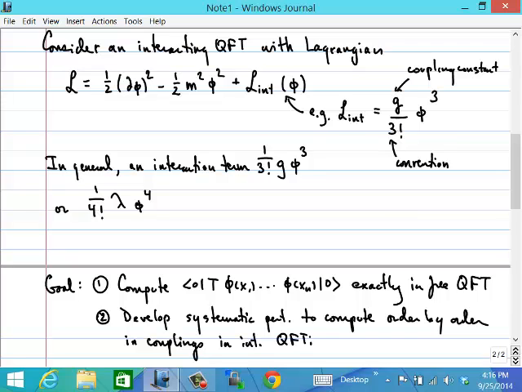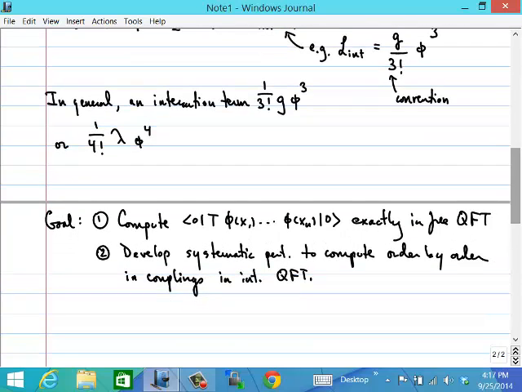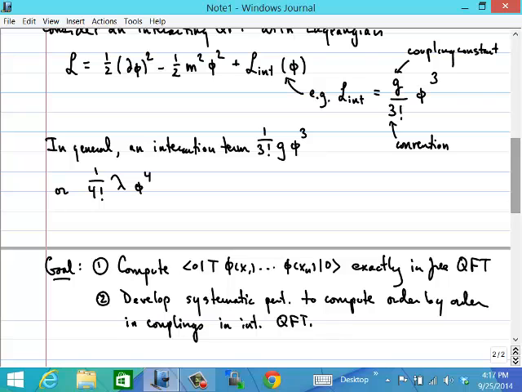So for example, if g is very small, if it's 1 over 137, then this systematic perturbation theory would give you very accurate results with very little effort. If, however, g is not very small, if g is a tenth, or if it's 1 or 10, then this perturbation theory will not be terribly useful, and other methods would have to be used in order to study this quantum field theory. But fortunately, for many of the quantum field theories that we are interested in studying, one can reliably use these perturbative methods.